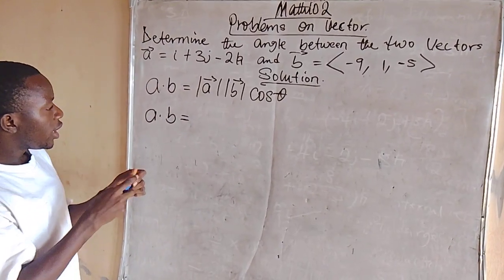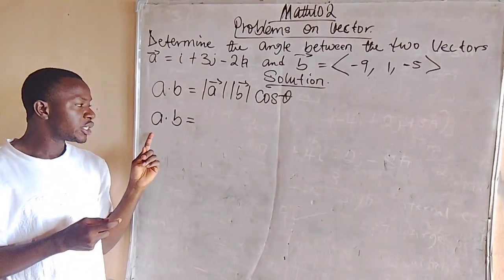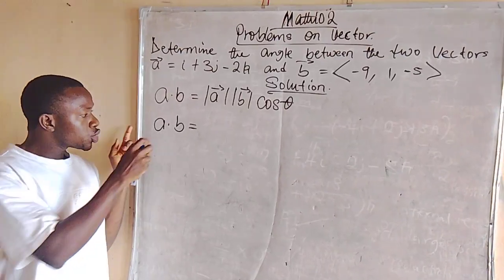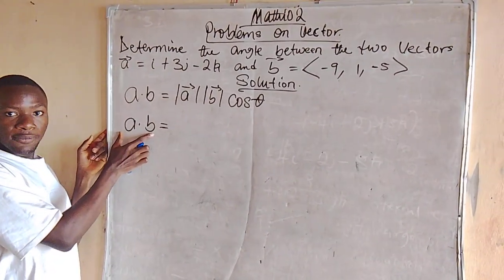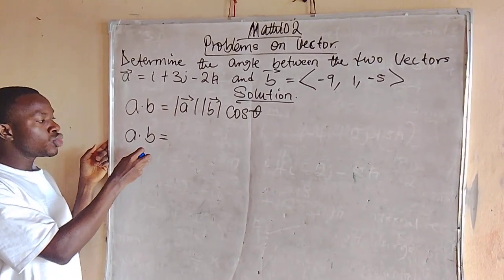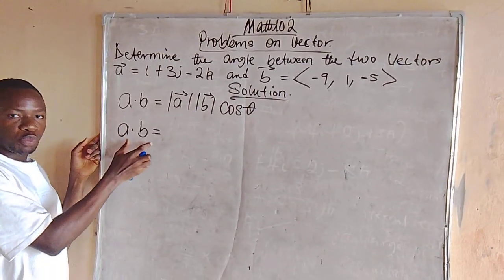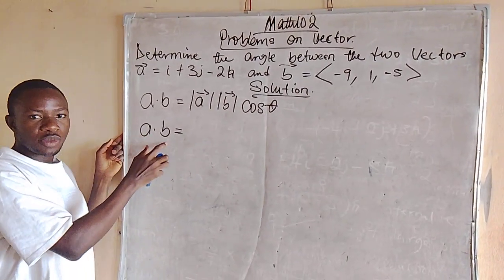When we say dot product, it means multiplication. So we are going to use multiplication to look for the value of the dot product A dot B.